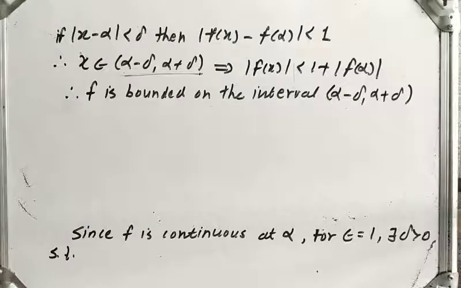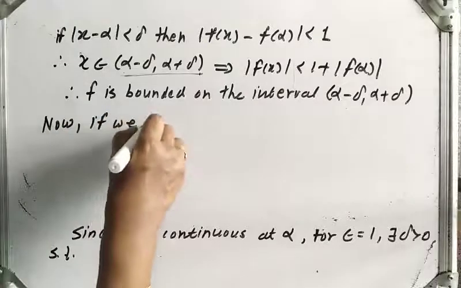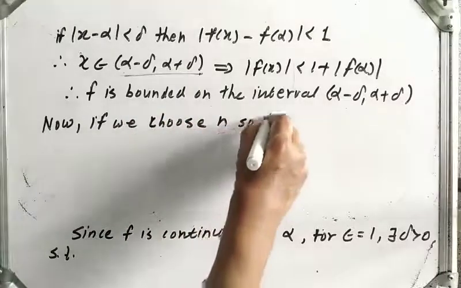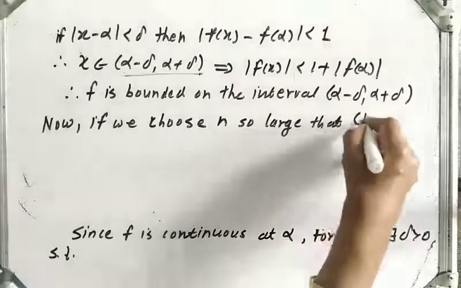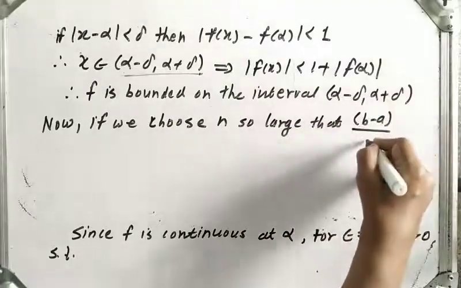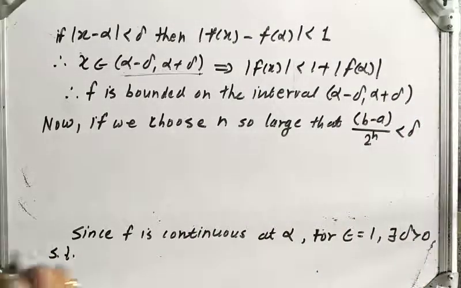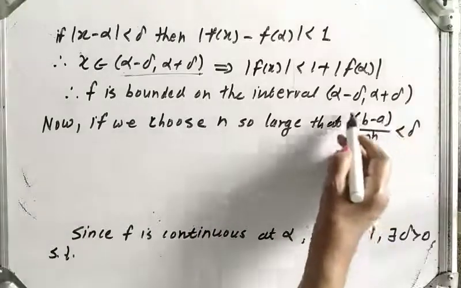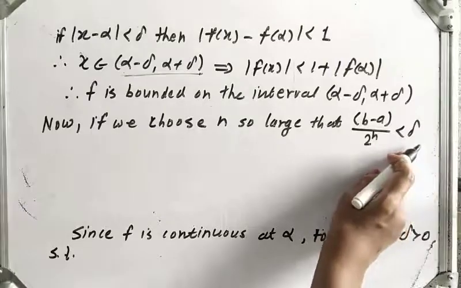Now let us choose n so large that b minus a upon 2 raised to n is less than delta. Then what happens? We choose n so large, and this is the length of interval an bn, and it is less than delta.